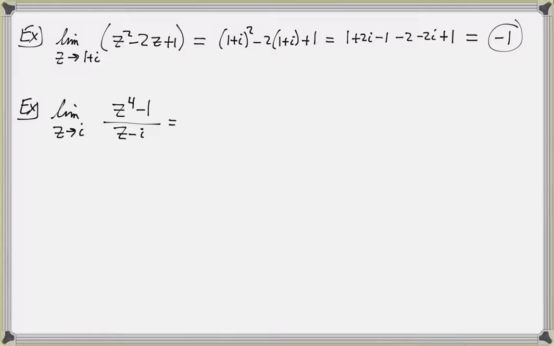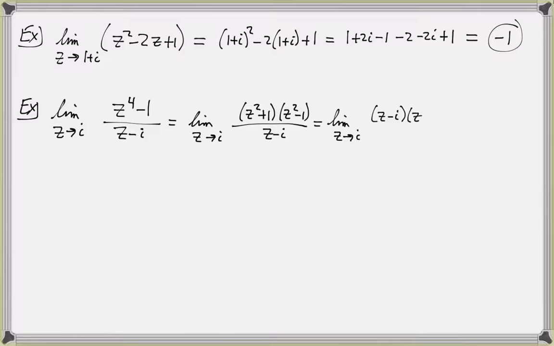But fortunately, the numerator can factor, and we see that z to the fourth minus 1 can be written as z squared plus 1 times z squared minus 1. And then z squared plus 1 factors as z minus i times z plus i.